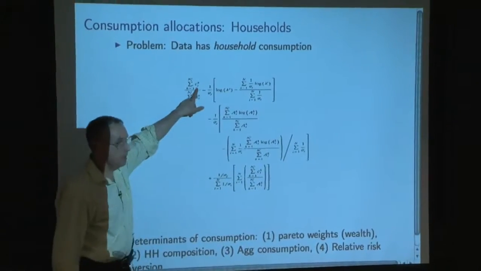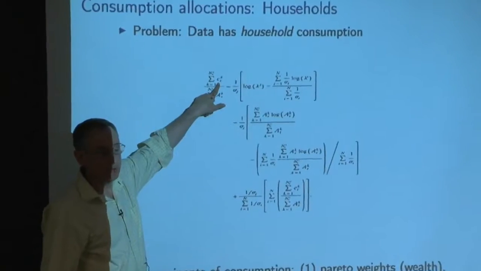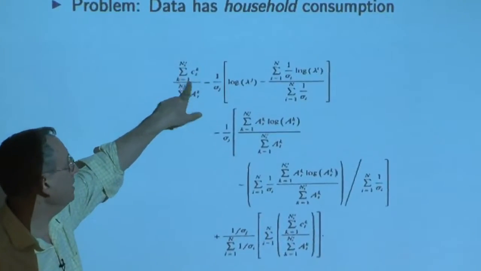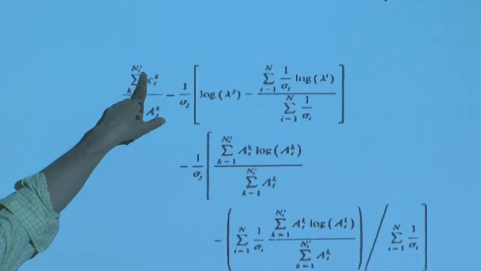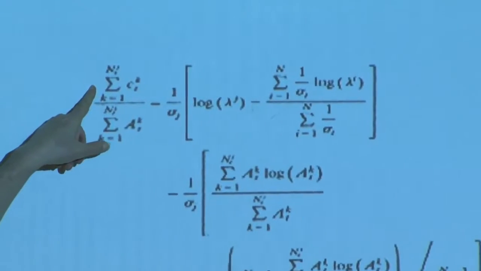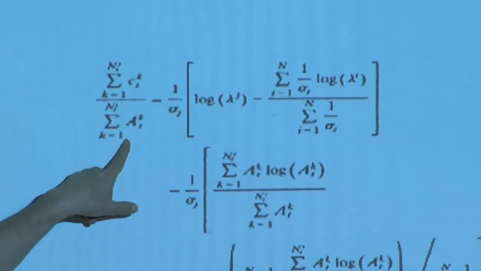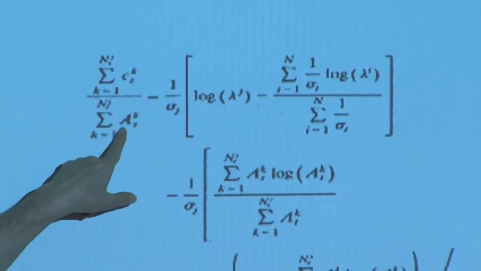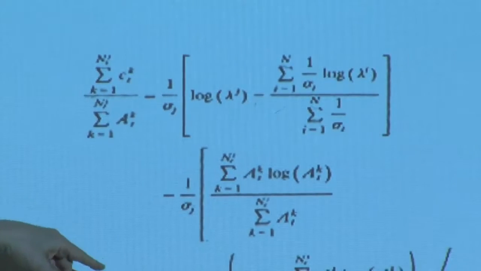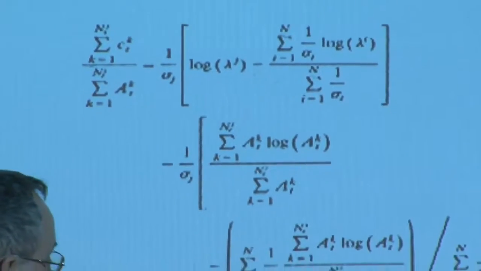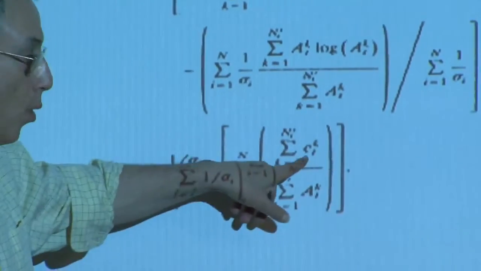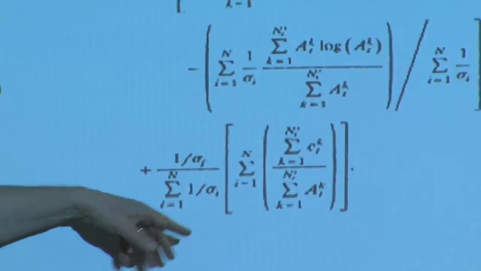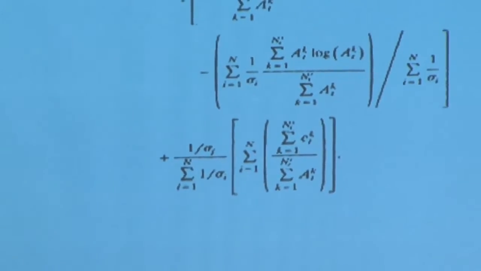You don't actually see people eating, so you don't see their individual consumptions. You see the consumption for the whole household K, but you put it in per capita terms by dividing by the age-gender weighted number of people. Likewise, this thing over here is the sum in the whole population of per capita consumption.